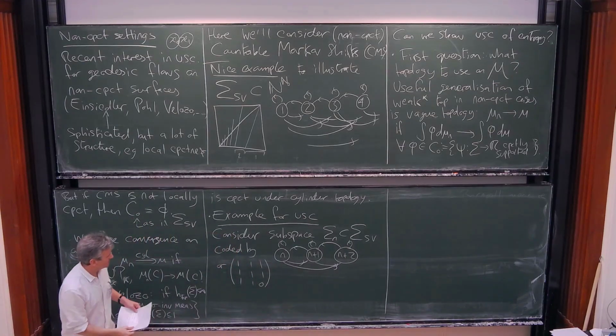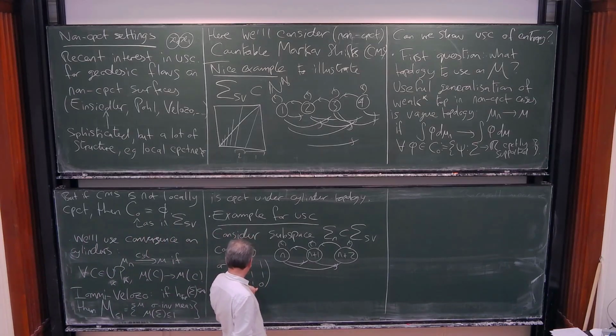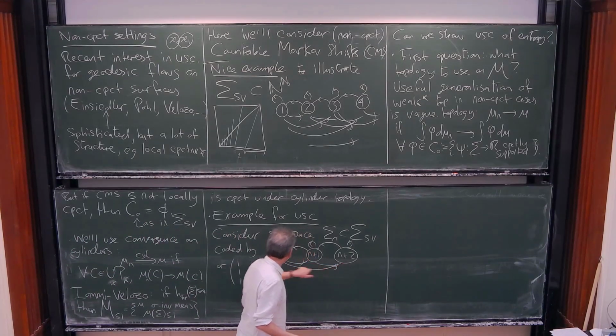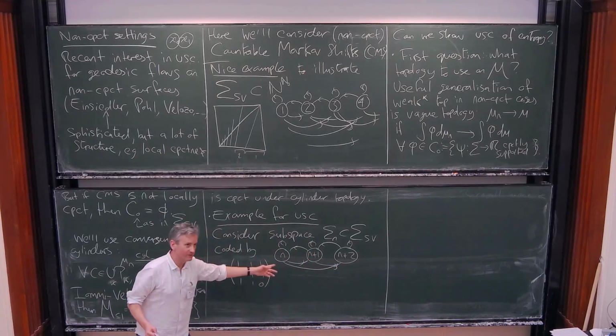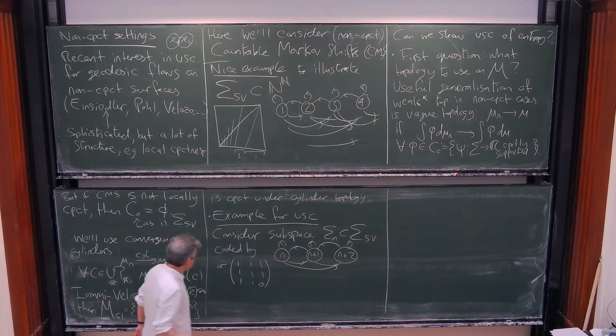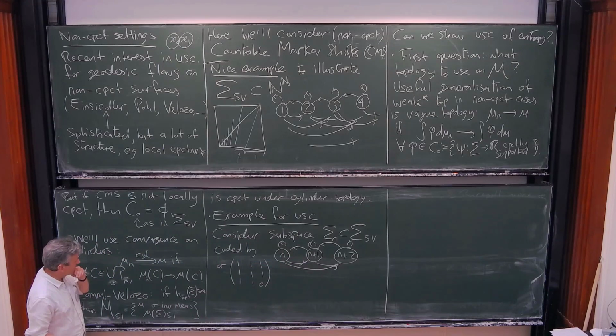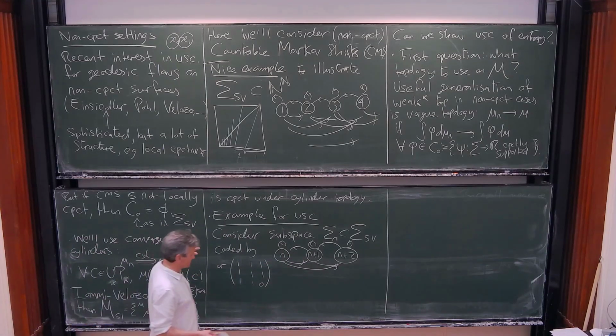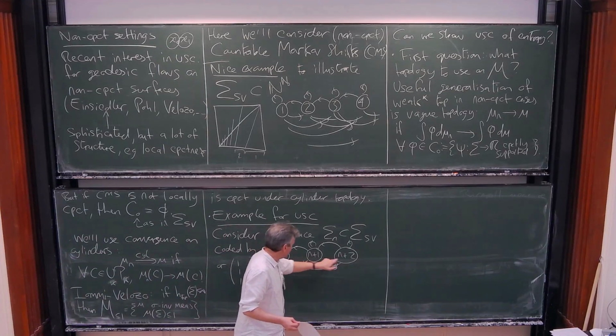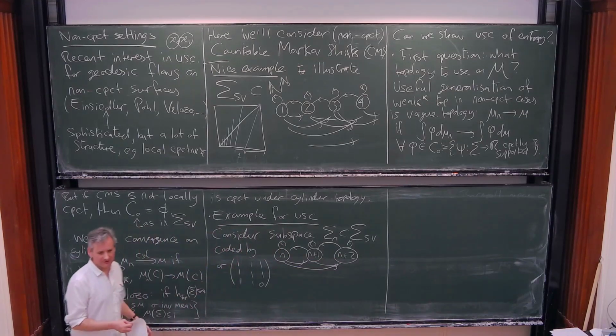This corresponds to the fact that you can't go from this third symbol back to the first. So I look at all the sequences which just consist of these symbols using these possible transitions.